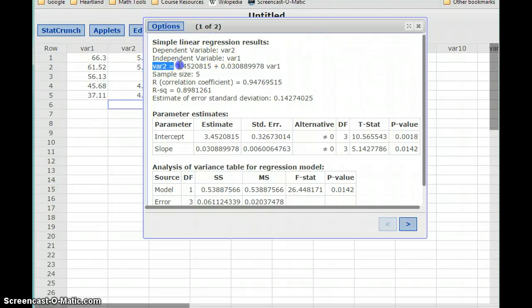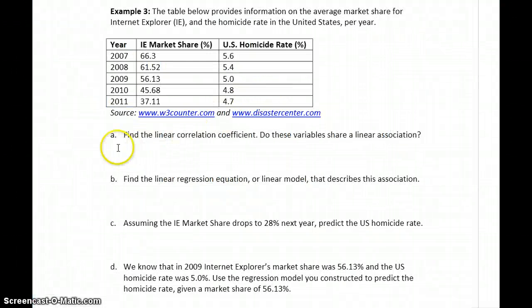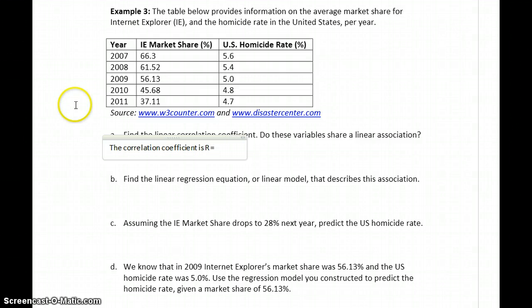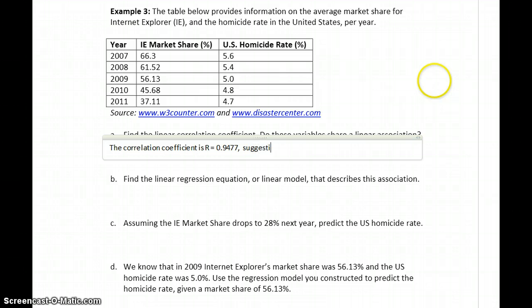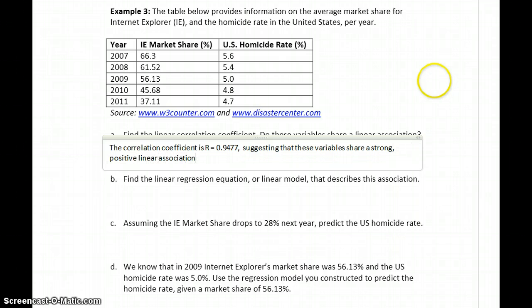The advantage is that it gives us the regression equation, assuming there is some association, and also our value for capital R, the correlation coefficient. In this case, the correlation coefficient is R equals 0.9477, suggesting that these variables share a strong positive linear association.